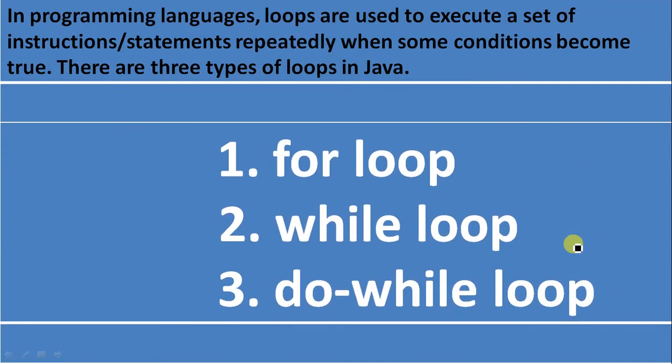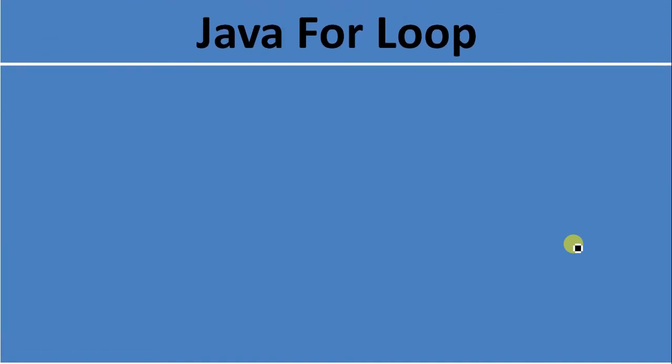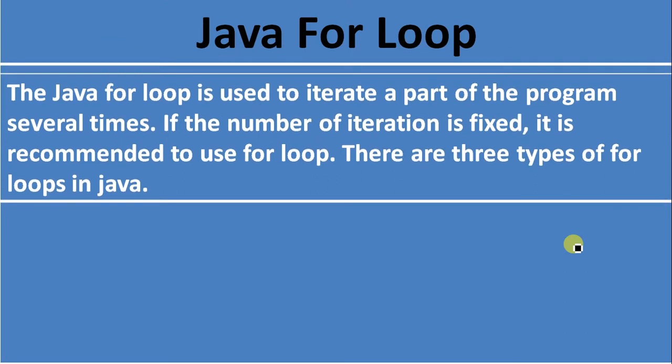There are three types of loops: for loop, while loop and do while loop. Java for loop. So what is the Java for loop? The Java for loop is used to iterate a part of a program several times.